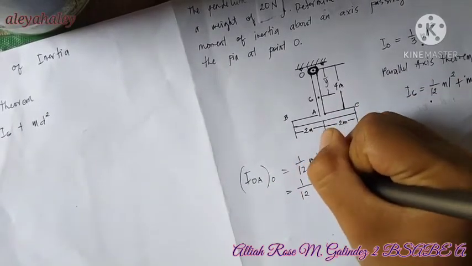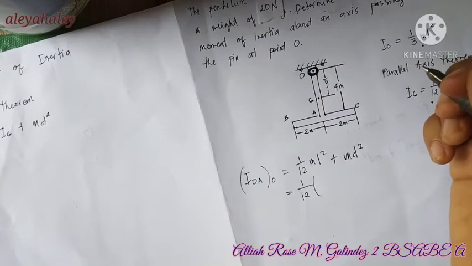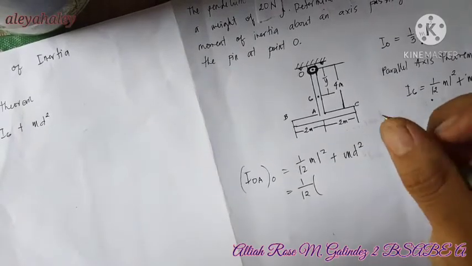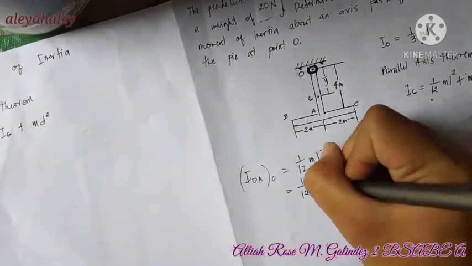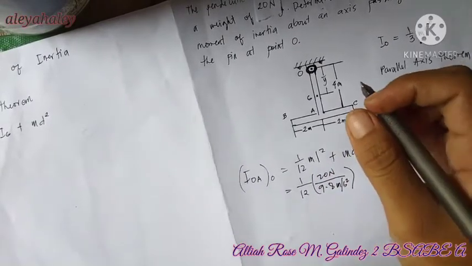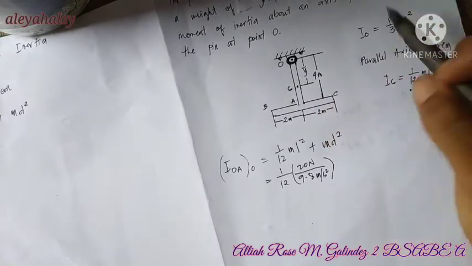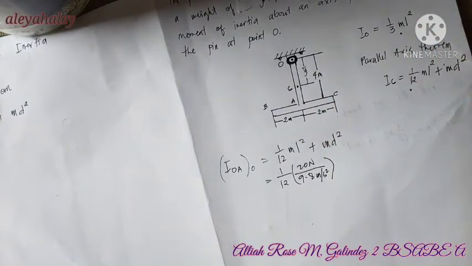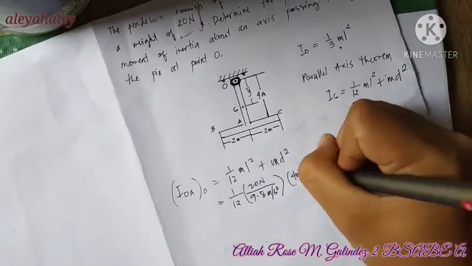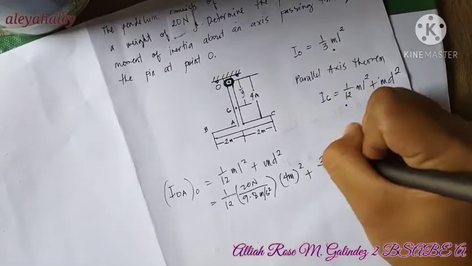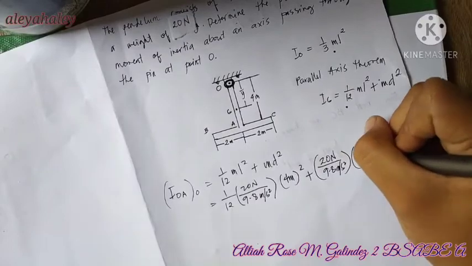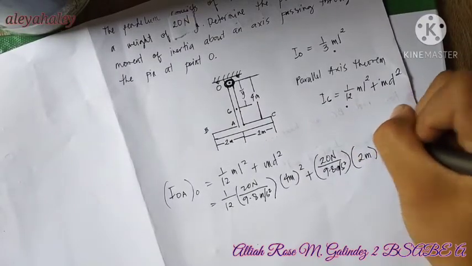For the mass, since we have 20 newtons, we have to convert this one: 20 newtons over 9.8 meters per second squared, times the length. Our length is 4 meters squared, plus the same mass, 20 newtons over 9.8, times the distance, 2 meters squared.